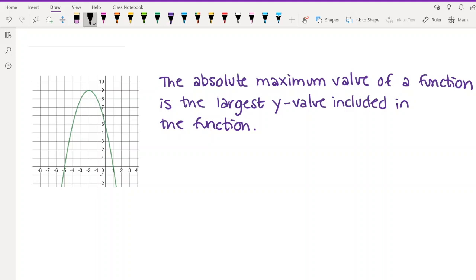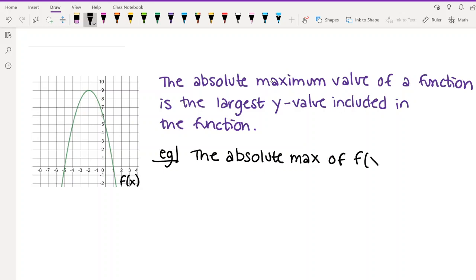So for this example, let's say this function is called f of x. So the absolute maximum, and I'll probably abbreviate, by the way, the word maximum as just max and the word minimum as min. So the absolute maximum of this function f of x is 9, right?